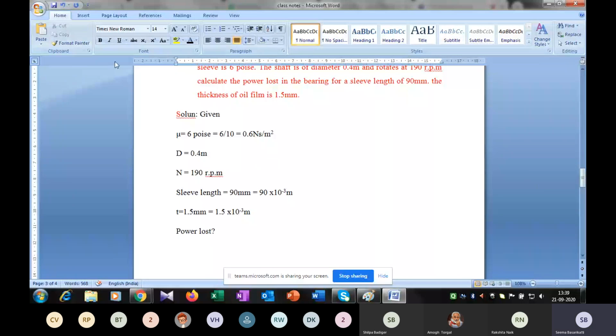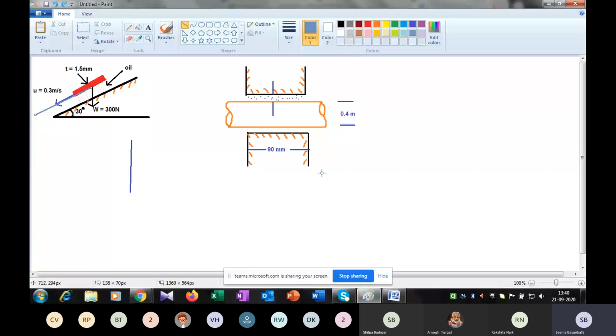Have you taken the given? Yes, ma'am. So now this is the diagram. This is the circular shaft, and these are the sleeves. The length of the sleeve is 90 mm.